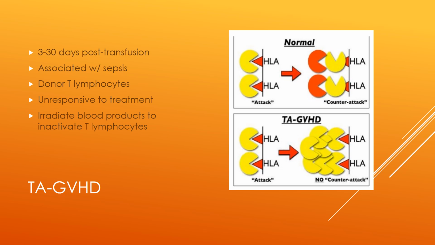And then we have transfusion-associated graft versus host disease. We definitely have to know about this. It is very rare, but unfortunately, it is highly lethal. It's associated with a 90% fatality rate when it occurs. Remember, this is a delayed response. Any component that we give is going to have some white cells from the donor, and those white cells are active.